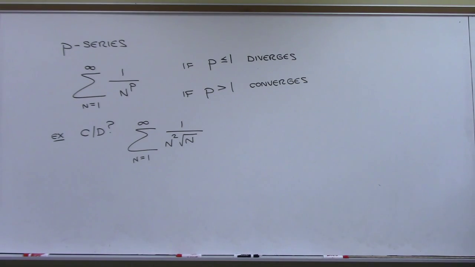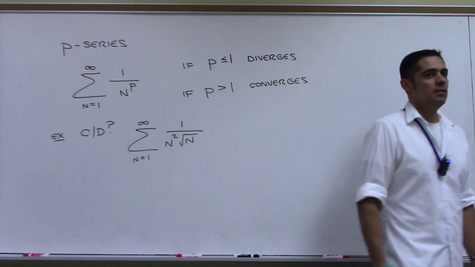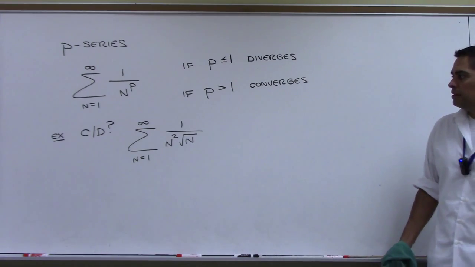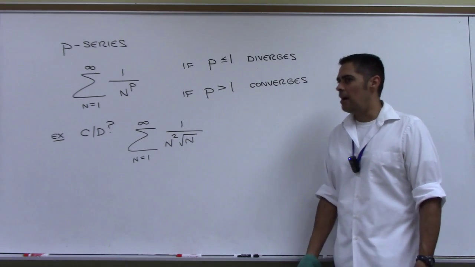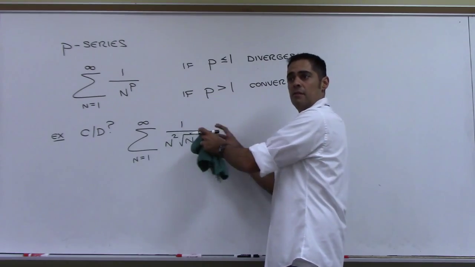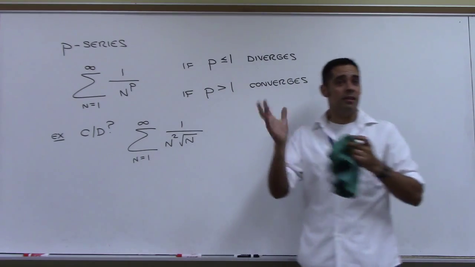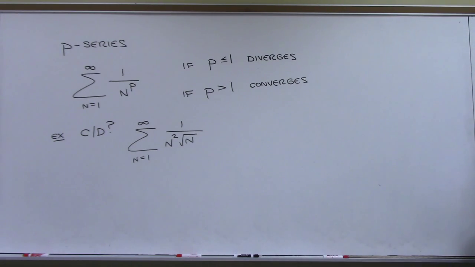So you start running through your table of ideas. Is it geometric? Is it harmonic? No. Is it telescopic? Probably not, because if it was telescopic, I would have to be able to break it into two pieces, right? So I could get some subtraction in there. Doesn't look like it's telescopic.